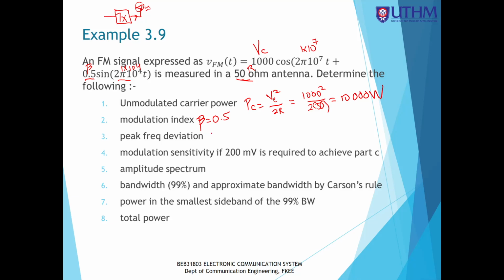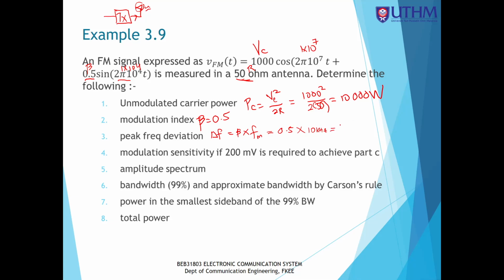So this question asks you about delta F. Delta F is equal to beta multiplied by the modulating signal frequency, which is equal to 0.5 multiplied by 10 kilohertz.